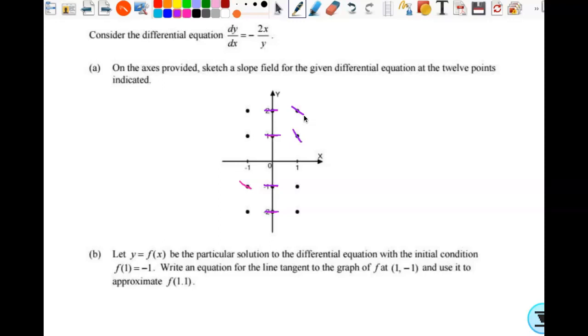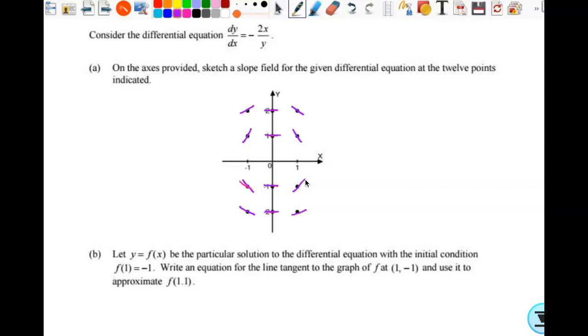Negative 1, 1 is going to give me a positive 2, and this would be a positive 1. So then this is going to be a negative 2, which is probably more like that, and then a negative 1, which isn't as steep. Looks something like that. Okay. We good?